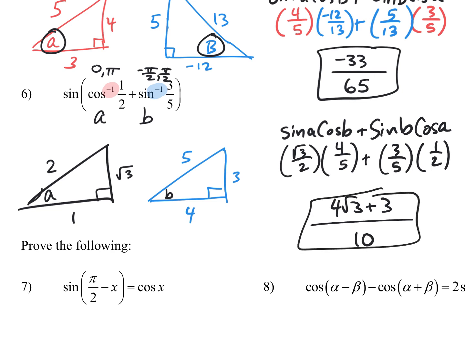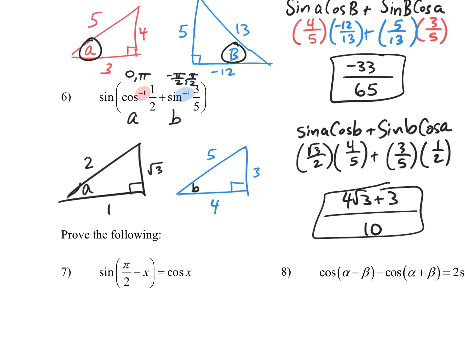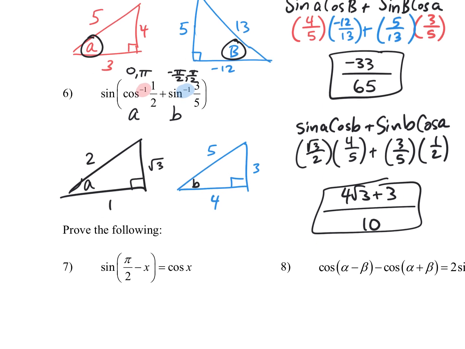Always worthwhile to, after we get through all that, ask what did we really find? If I wanted to find the sine of these two angles given in the problem, two angles that are given through inverse trig, an angle whose cosine is 1/2 and an angle whose sine is 3/5, well, we can find the sine of that sum, and we found it to be 4 root 3 plus 3 all over 10.